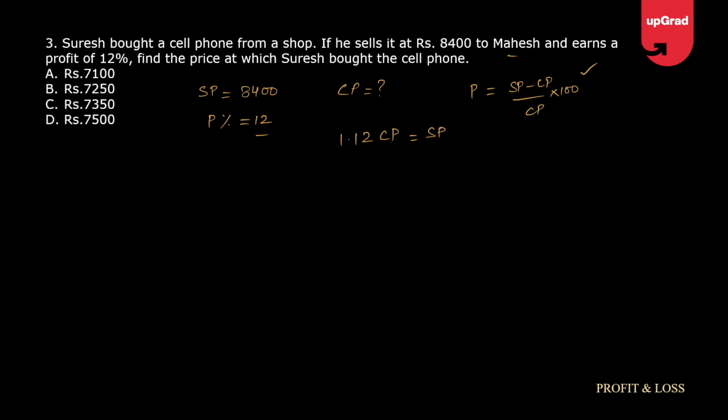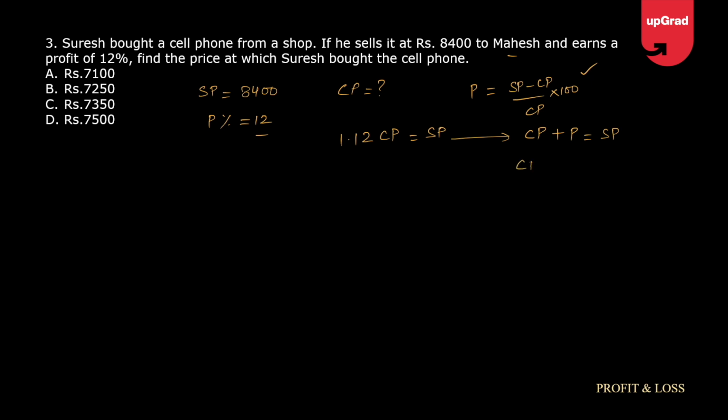If you can write the values in this way straight away, you will be in a much better position. How did I get this expression? Let me explain to you. It says that the person incurred a profit, which means he got profit plus cost price should be equal to selling price.